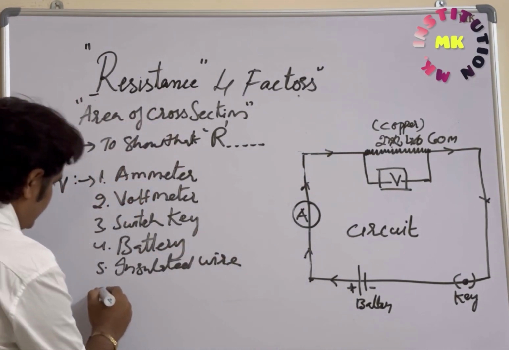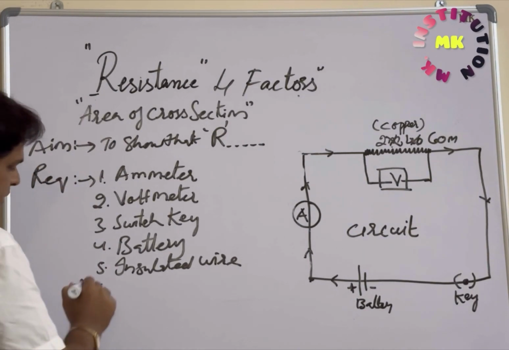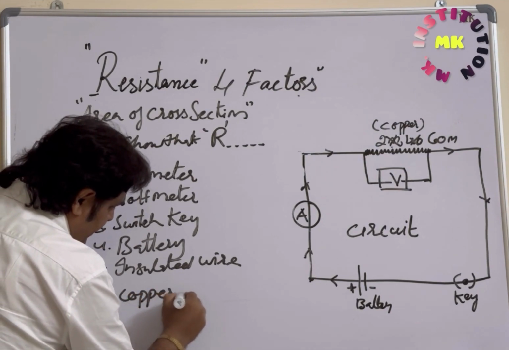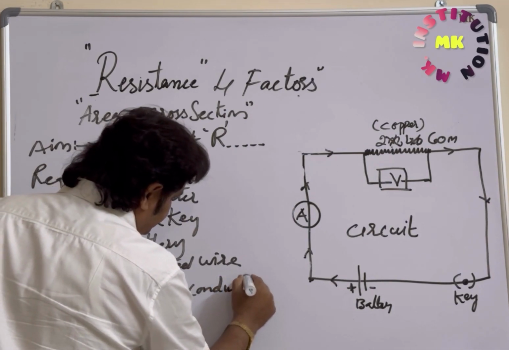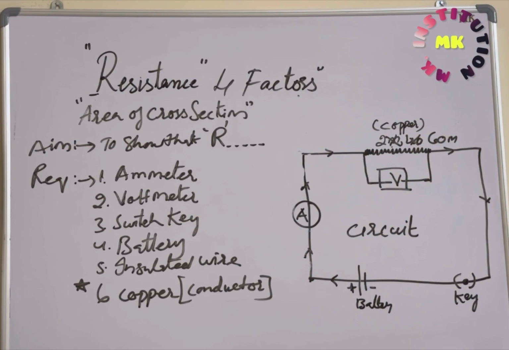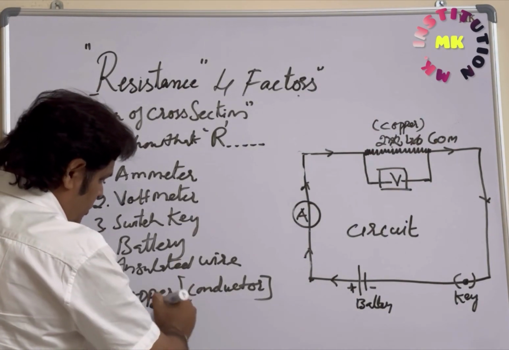Then the sixth one, which is very important again. Here also we are taking copper wire as a conductor, but the area of cross section of this copper wire is different.